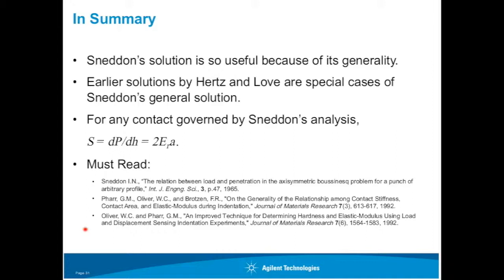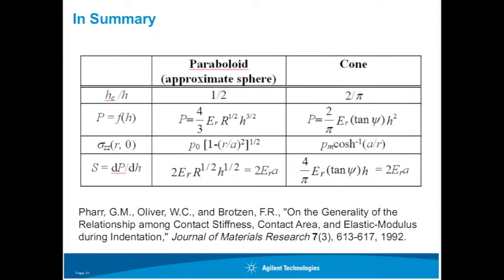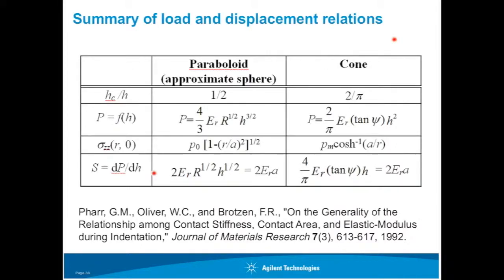That's terrific. All right, the first question is, what if the indenter is not a perfect cone, but like a pyramid? Well, the really brilliant thing is that analytically, this expression holds for any axisymmetric shape.